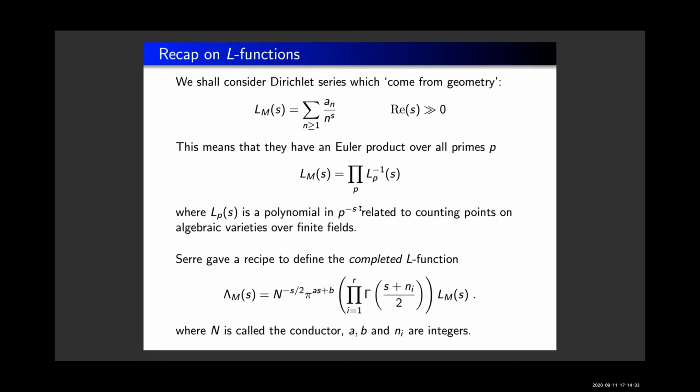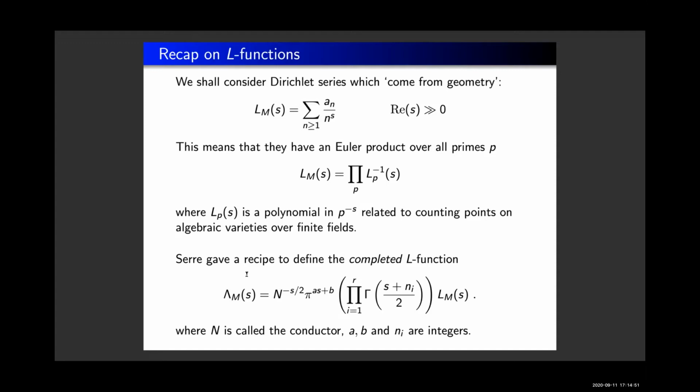More precisely, it's related to the determinant of Frobenius on the L-adic cohomology. But let's not worry about that. So in any case, we have a very large supply of very natural Dirichlet series which come from algebraic varieties.